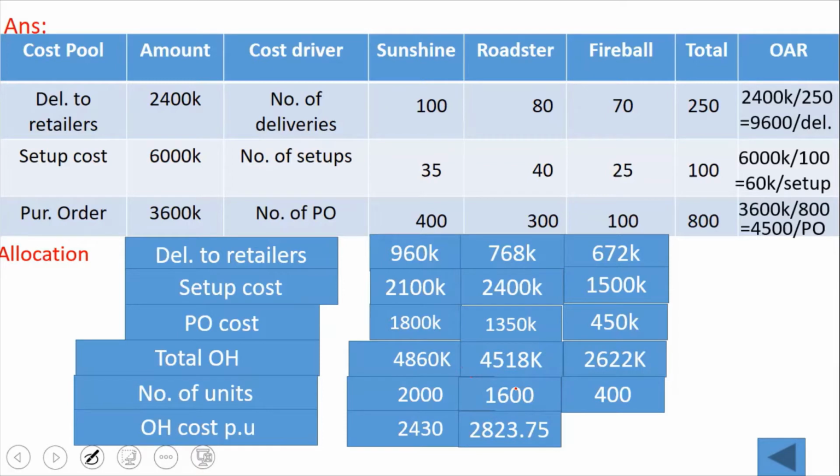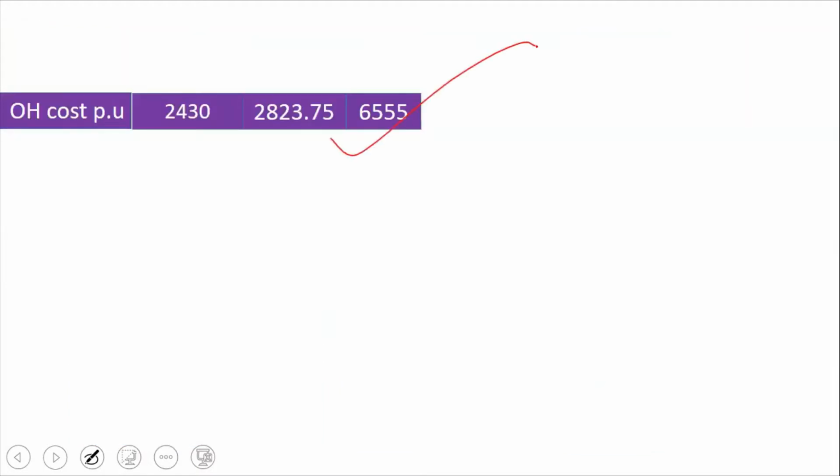Now coming to Fireball, it is $2.622 million divided by 400 units, giving $6,555 per unit.